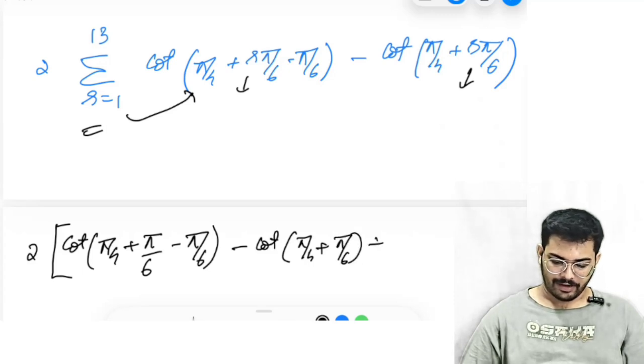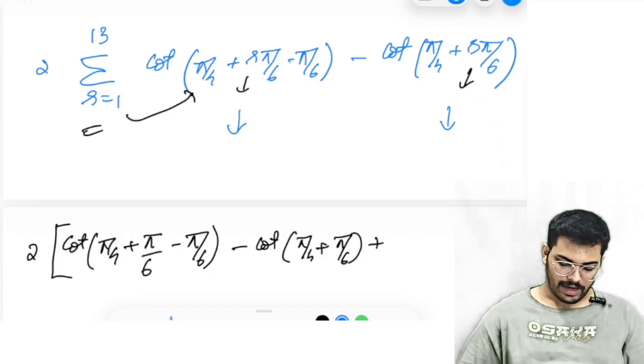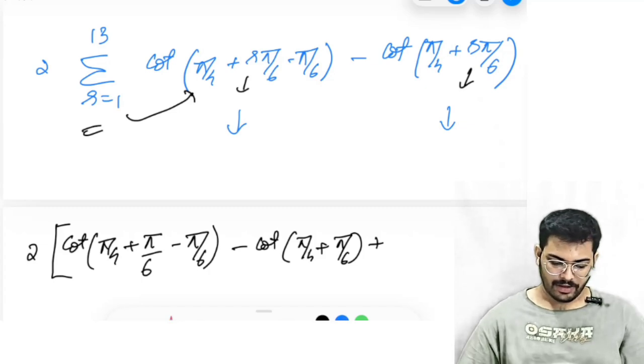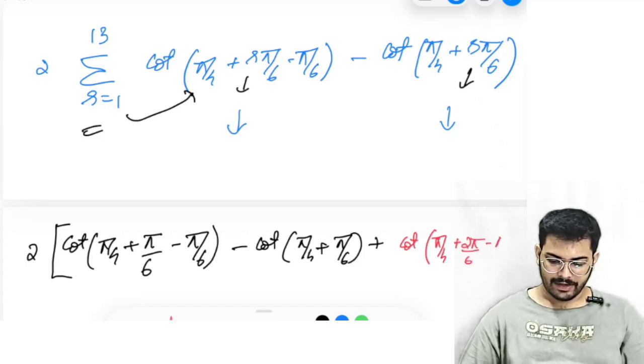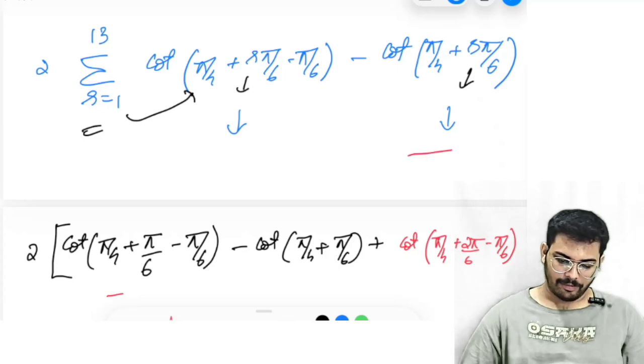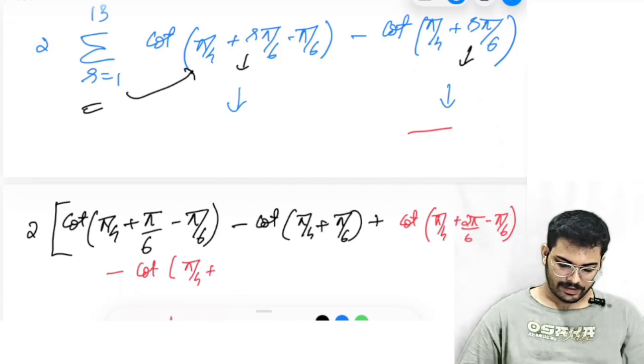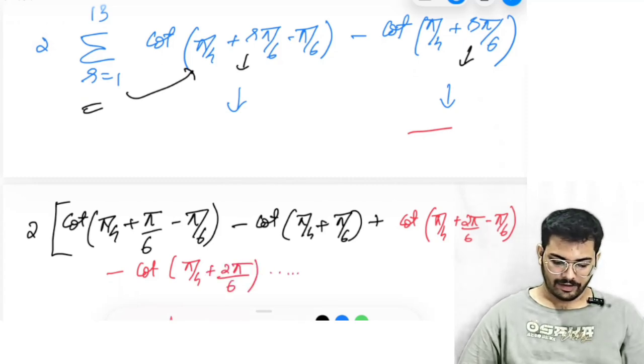Now we will be putting r values. R value will be 2. So this will become cot of pi by 4 plus 2 pi by 6 minus pi by 6, minus cot of pi by 4 plus 2 pi by 6, and it will be continuing till 13.